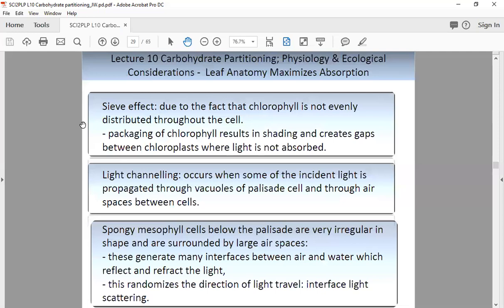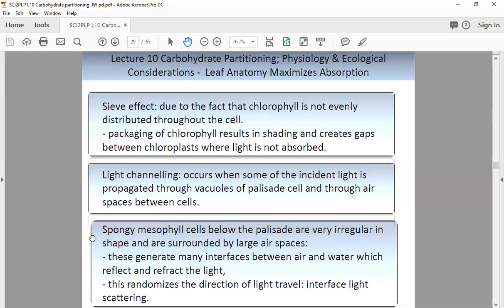And this results in shading between the chlorophyll molecules, and also creates gaps between the chloroplasts where the light is not absorbed, and hence the reference to a sieve. So what about light channeling? Light channeling occurs when some of the incident light is propagated through those large central vacuoles that are found in plant cells, and also through the air spaces between the cells.